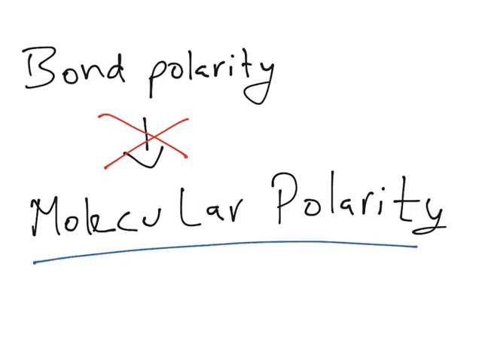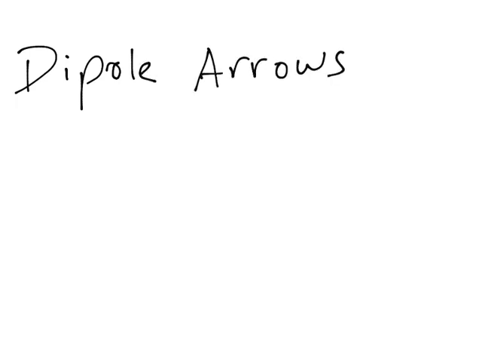But before that, I have to introduce what are called dipole arrows. Dipole arrows are linked to electronegativity. They go from the least electronegative element to the most electronegative one. Let's say you have two atoms here, and this atom is delta positive, this one is delta negative.